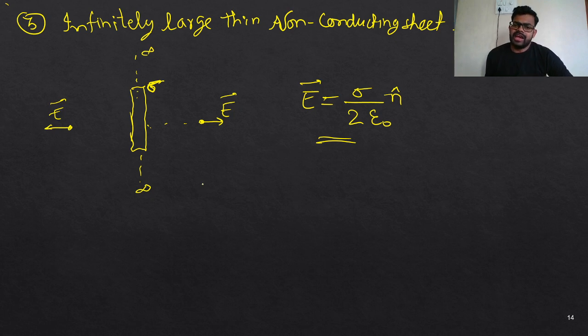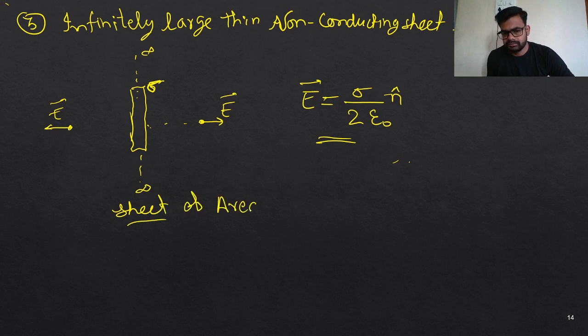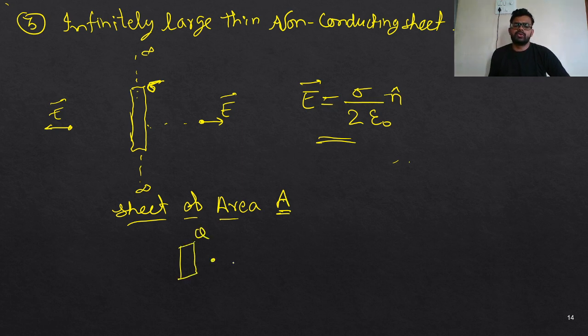Let's say this sigma is not given, and this is some sheet, not infinite, but a sheet of area A. Any point is given near to this sheet, and let's say the charge on this is Q. What will be the electric field at this point?